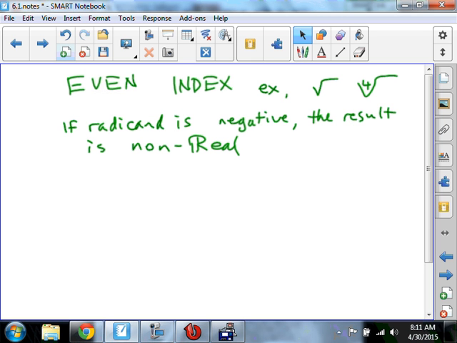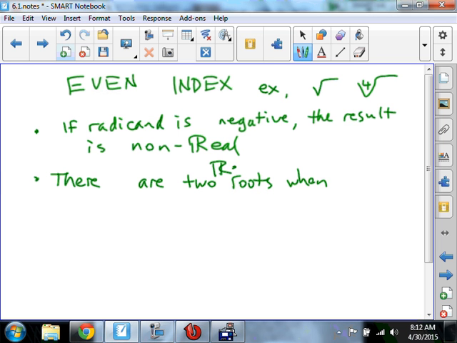And we saw that in chapter 4. The next part is kind of confusing, and it depends on the context. There are 2 real roots when the radicand is positive.